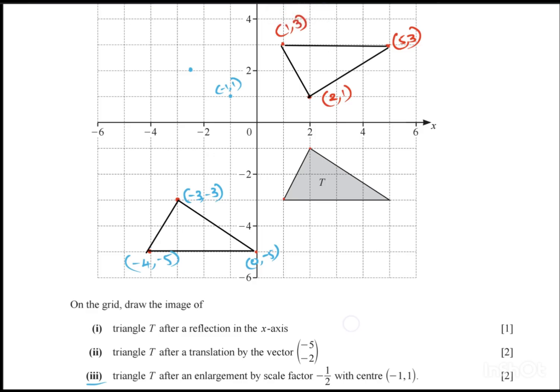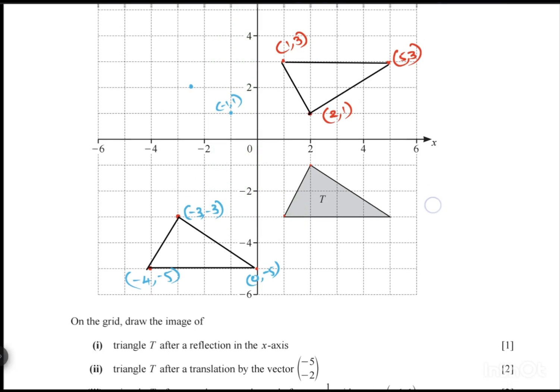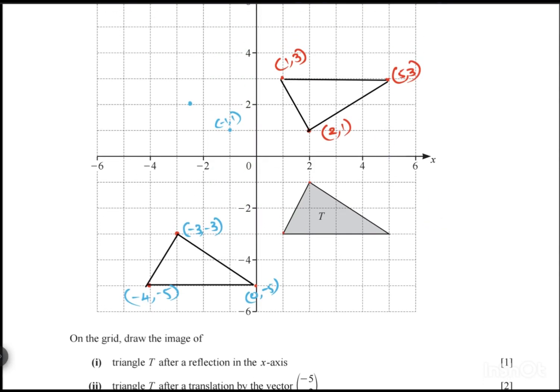Same way we'll check the other vertex. It is 1 2 3 4 boxes down and 1 2 boxes right. So same way you'll go 1 2 3. Let me do it once again. No, it's half of 4. So half of 4 is 2, and 1. So the other vertex is this.